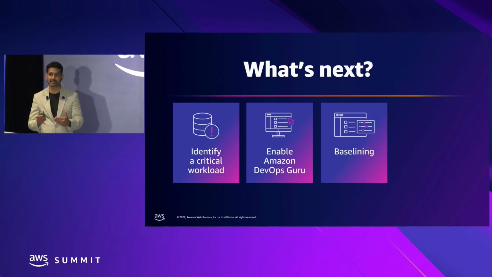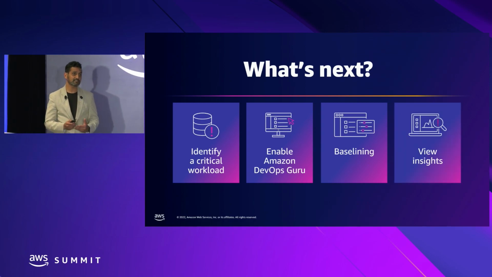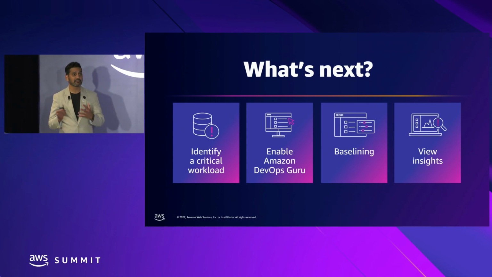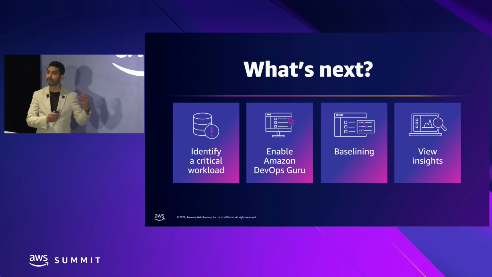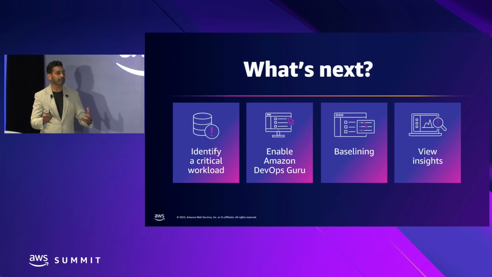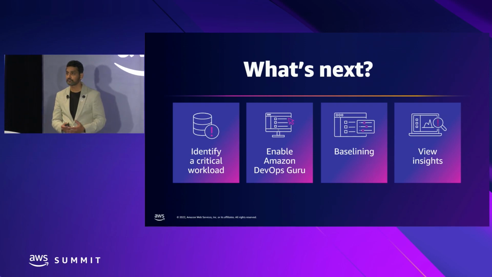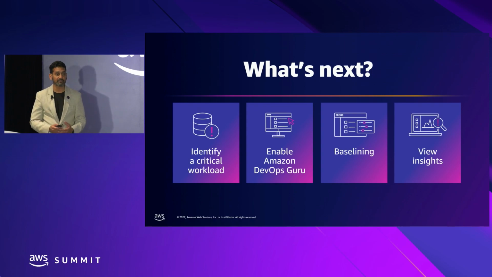During that baselining, it's trying to understand your application behavior so that it can detect anomalies. And once the insights are produced, if it is a performance testing environment, you can understand whether DevOps Guru is able to pick up what you have simulated, and how your business SLAs and service SLAs are tracking. So I highly encourage you to enable DevOps Guru and provide feedback.